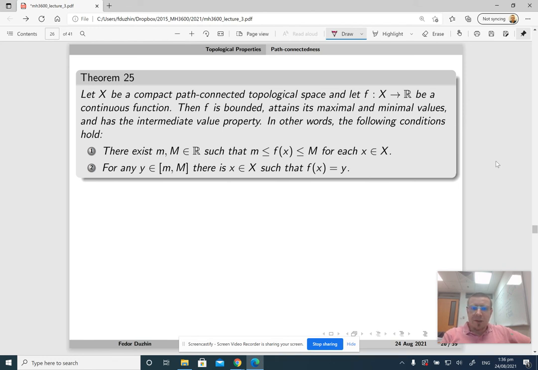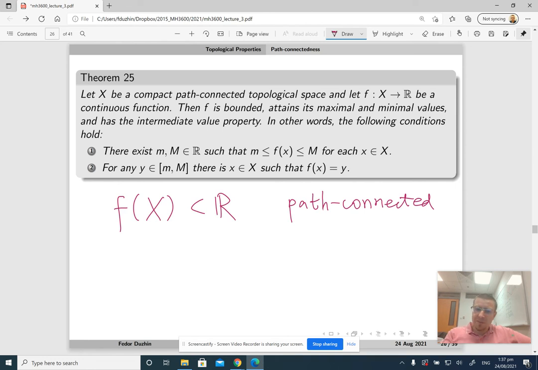So why is this true? It is because f of X is a subset of the real line. It is path connected. Since it is path connected, it means it is an interval. On the other hand, f of X is compact, since X was assumed to be compact.